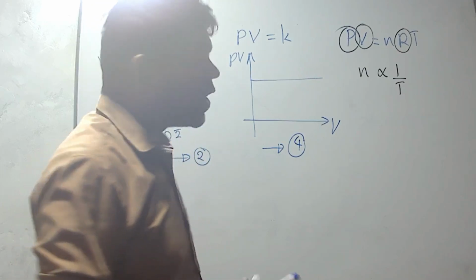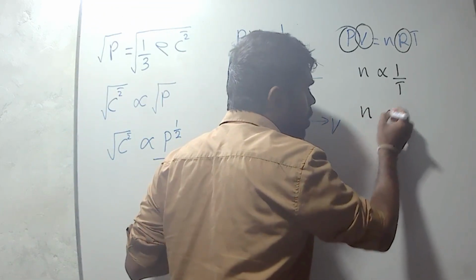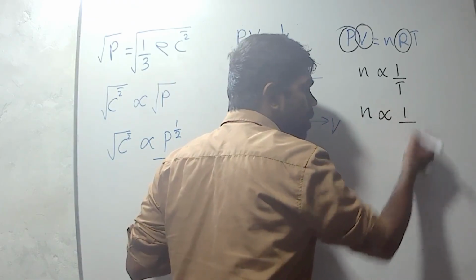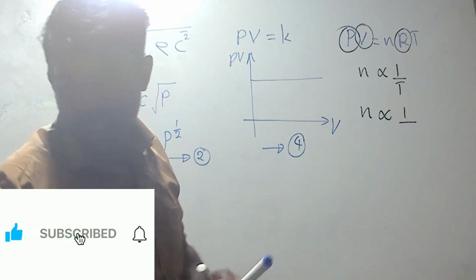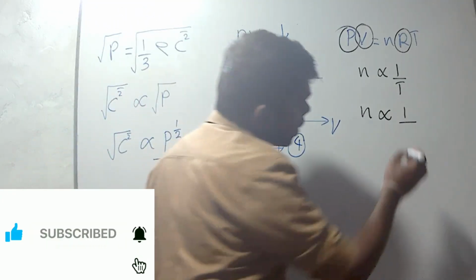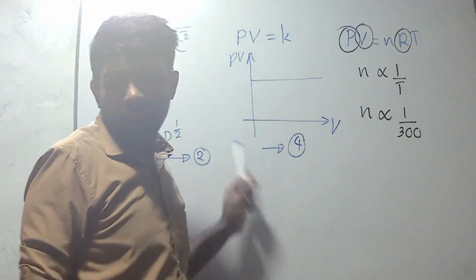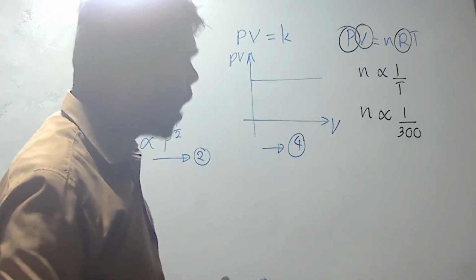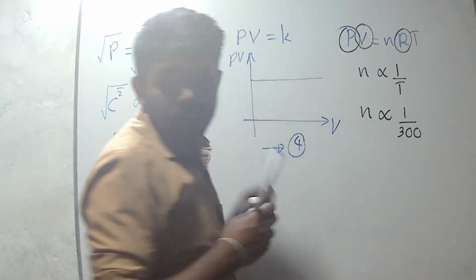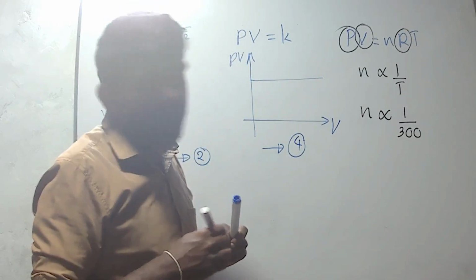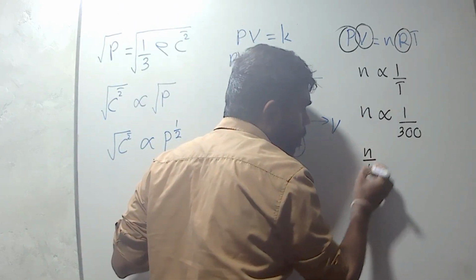For the first situation, number of moles is inversely proportional to absolute temperature, which is 300 Kelvin. It is given as 27 degrees, and 27 degrees means 300 Kelvin. For the second situation, number of moles should be 1/5 of the initial value, it means n over 5.